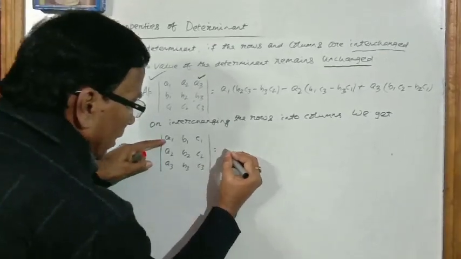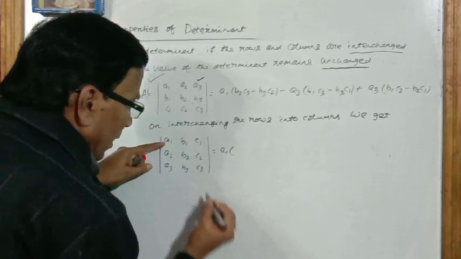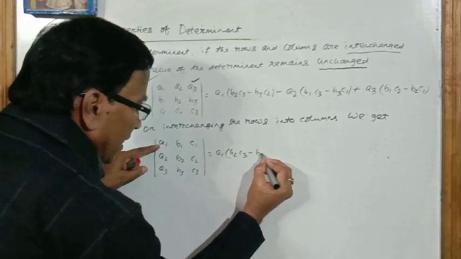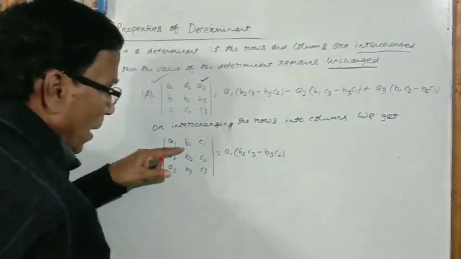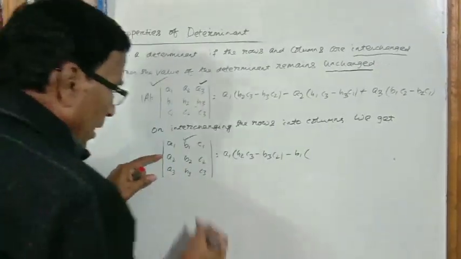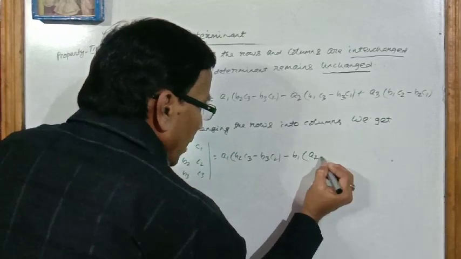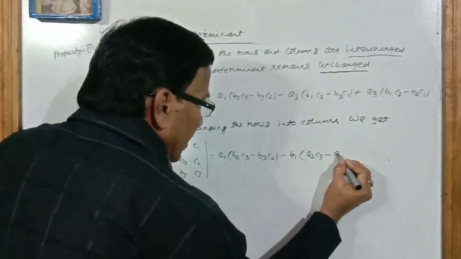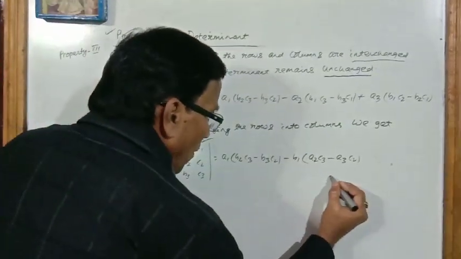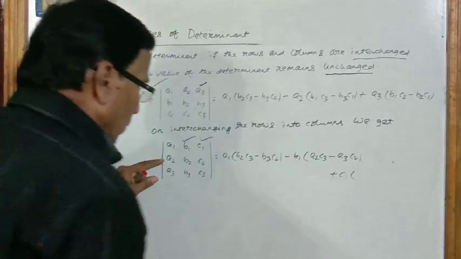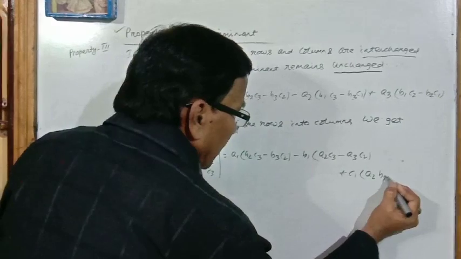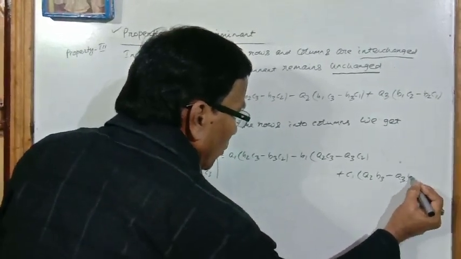It is equal to A1 into B2 C3 minus B3 C2 minus B1 into A2 C3 minus A3 C2 again plus C1 into A2 B3 minus A3 B2.